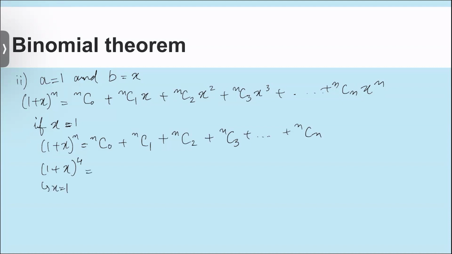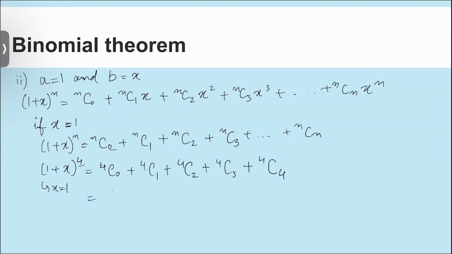Since x is equal to 1, now we will write this entire expanded form, keeping x as equal to 1 and expanding it up to the power of 4. So you will have 4C0 plus 4C1 plus 4C2 plus 4C3 plus 4C4.